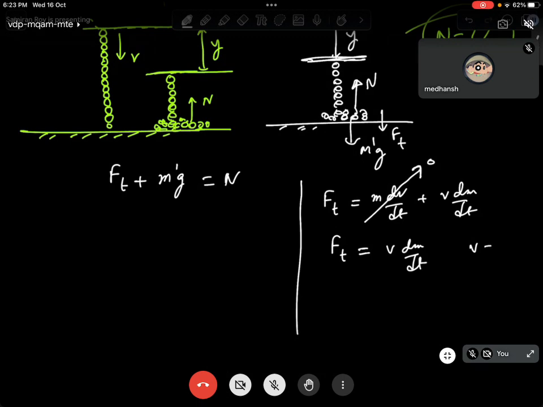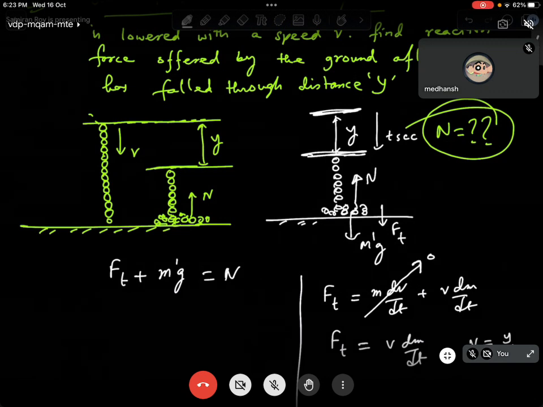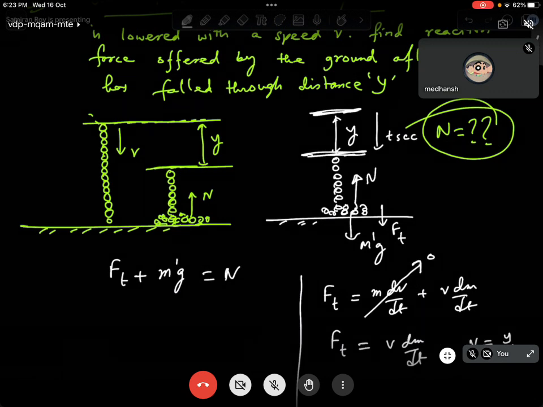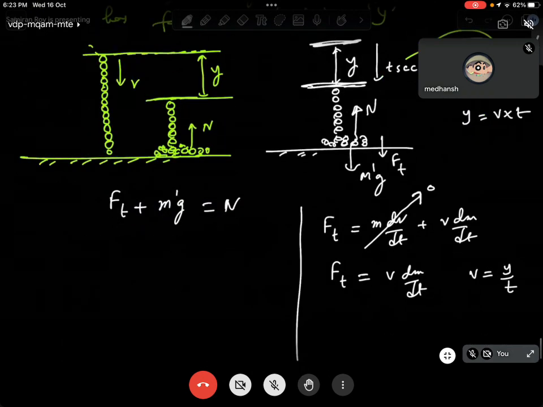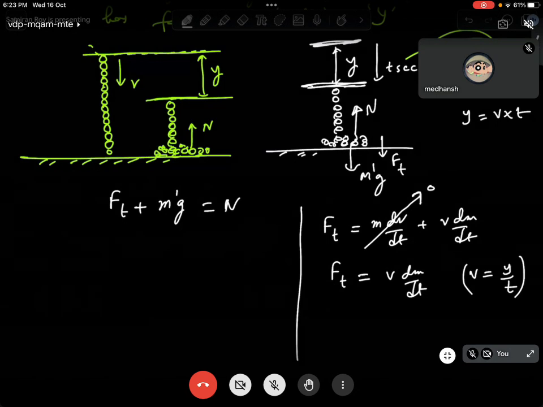Velocity is y by t. If it has taken t seconds to fall with constant velocity v, then y will be v into t. So velocity I can write as y by t. Clear?